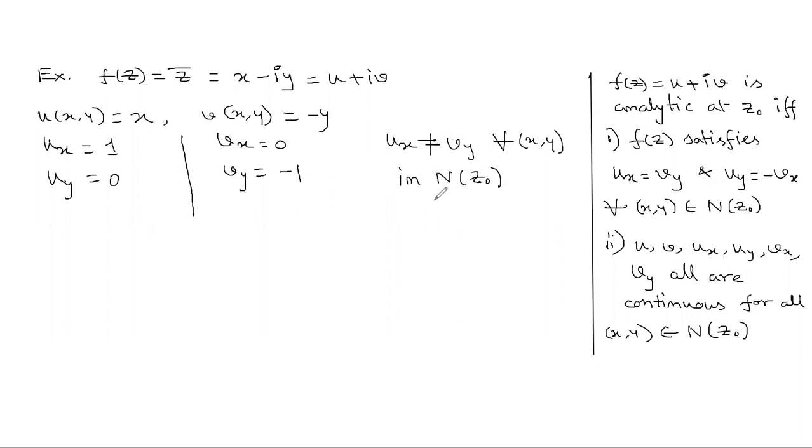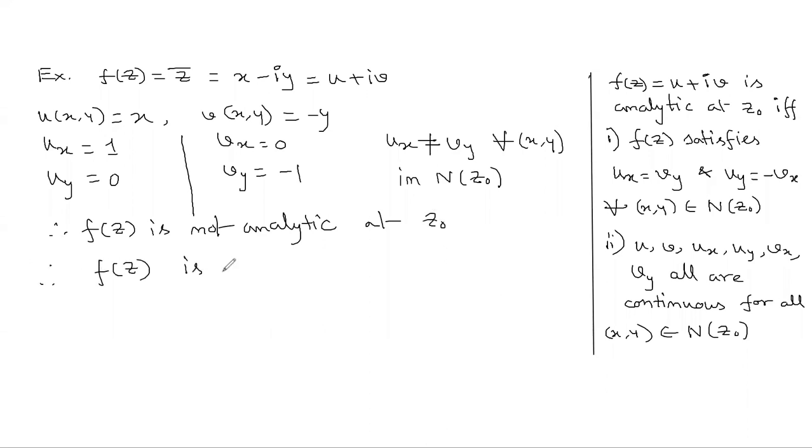So here we can see the function f(z) is not analytic at an arbitrary point z0. So the function f(z) is nowhere analytic. So the function f(z) has no regular point.